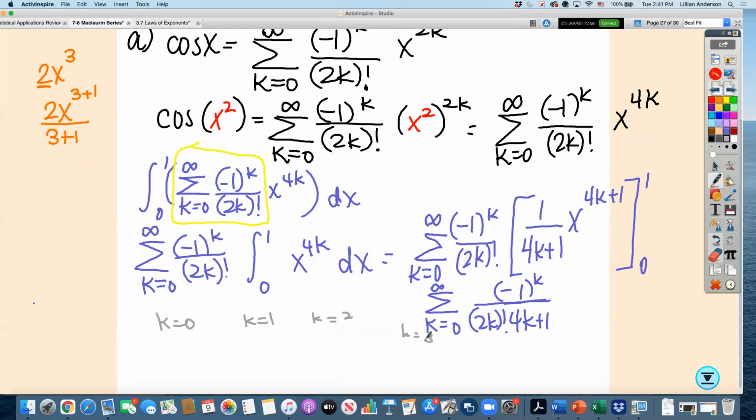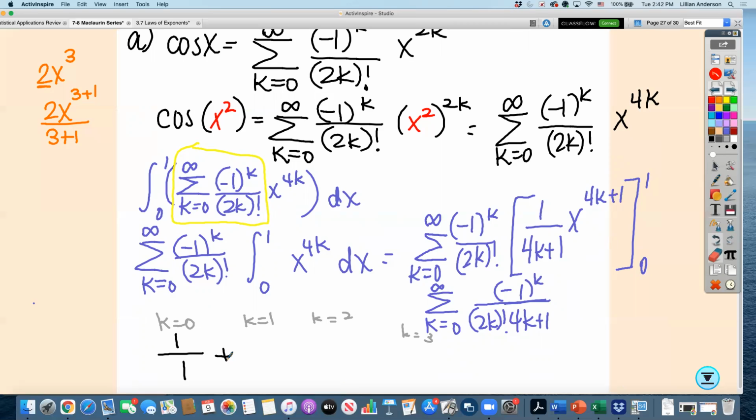Okay, so I'm going to put that down so you know exactly where these terms are coming from. If I plug in 0 for k, that's negative 1 to the 0 power, so my numerator is 1. Then when I plug in 0 for k, I get 1 factorial times 1, which is just 1. I'm going to add that to what I get when I plug in 1 for k. Well, that's just 1, so I already know I got 1 point something.